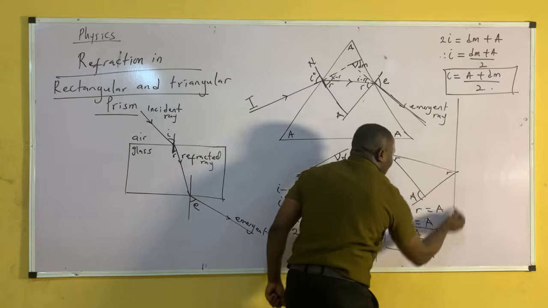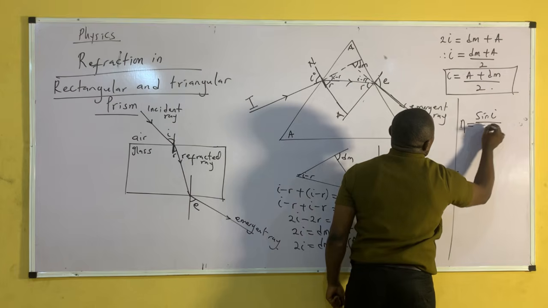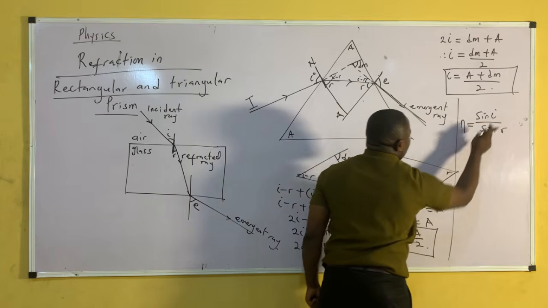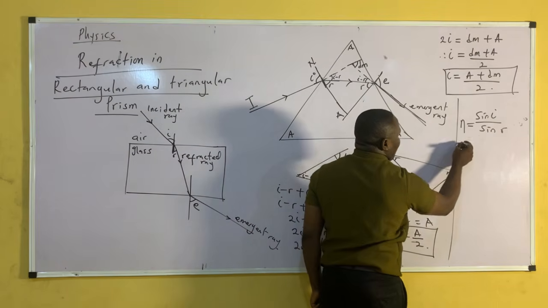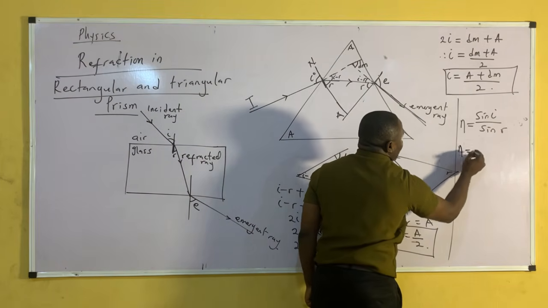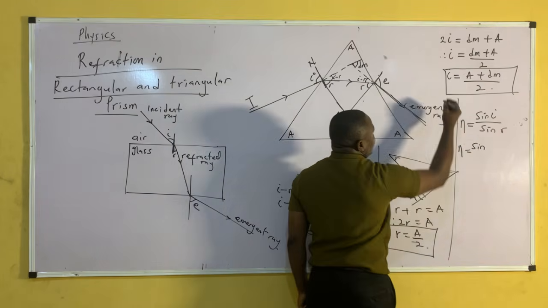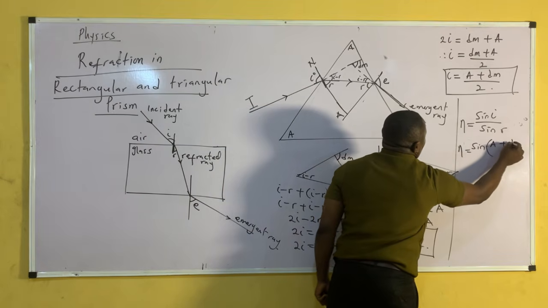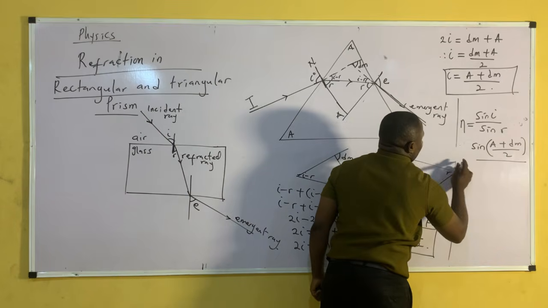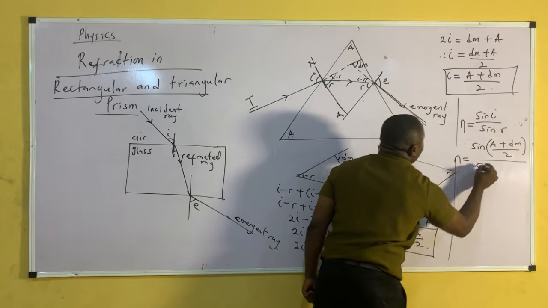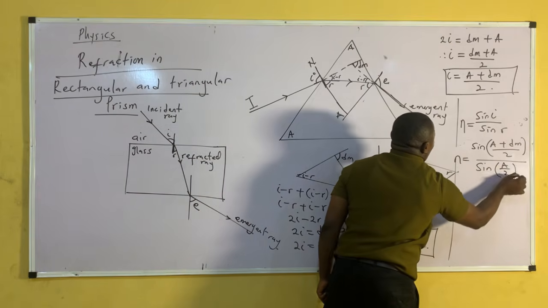Now, if I come here, refractive index equals sine of incidence over sine of refraction. What is i? This is i. What is r? This is r. So I have my refractive index equals sine, in place of i I put open bracket A plus dm over 2, close the bracket, over sine r, which is now open bracket A over 2.